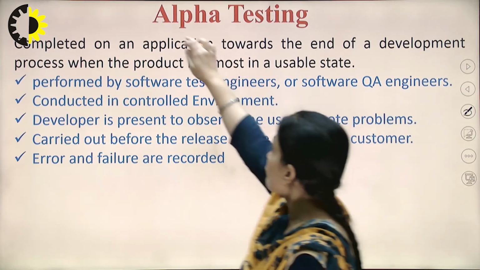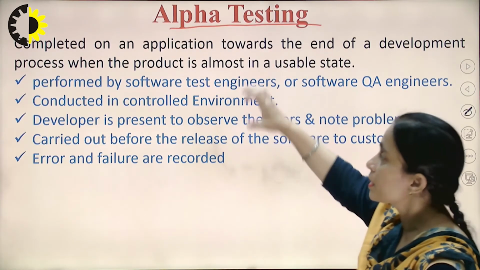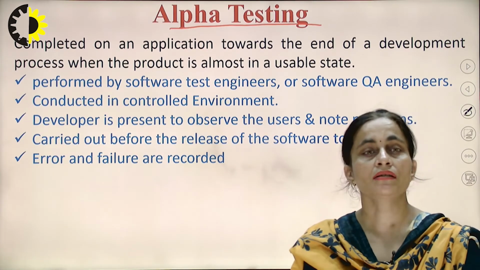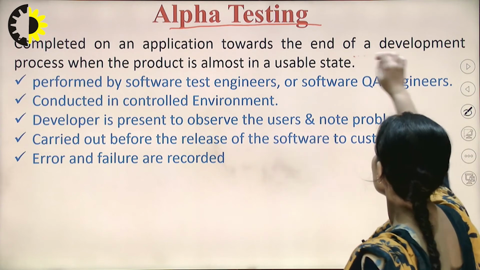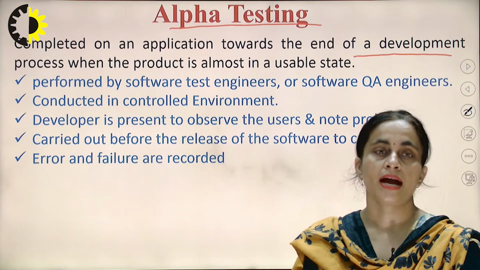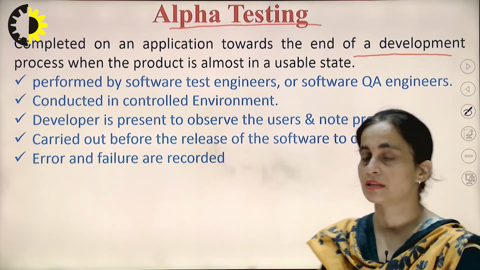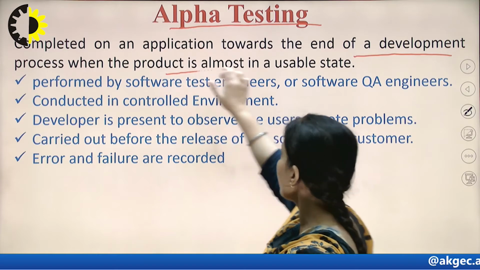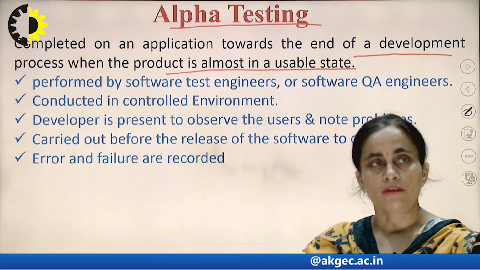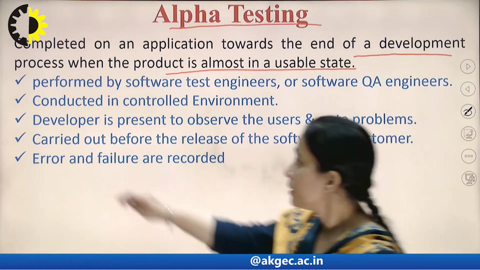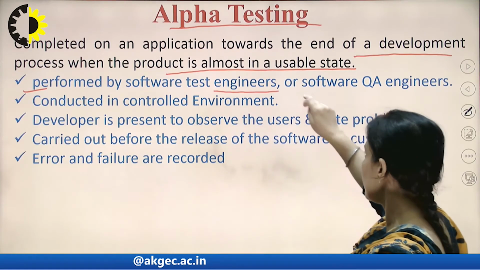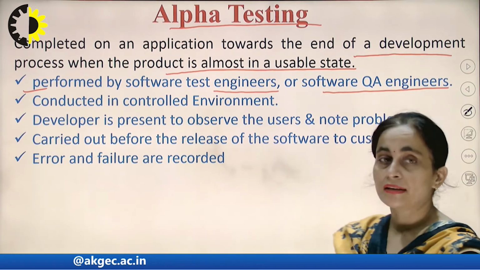If we define alpha testing, we can say it is completed on an application towards the end of the development process, when all the modules have been written and integrated, and we have proceeded with system testing. That is, when the product is almost in a usable state, we go for alpha testing. It is performed by software test engineers or software quality analyst engineers.